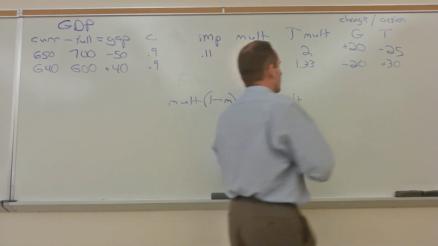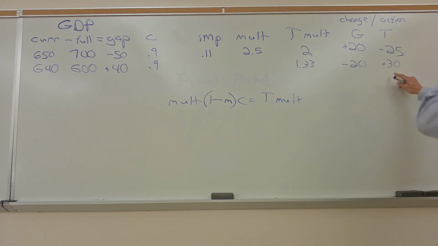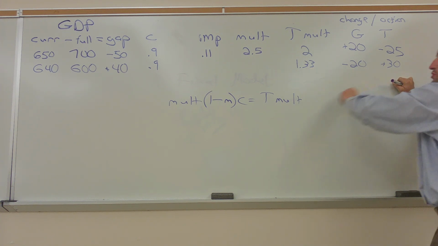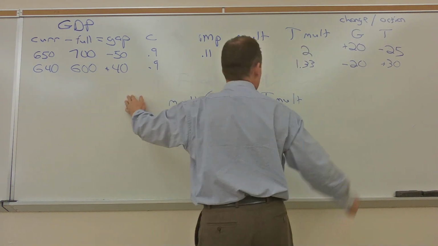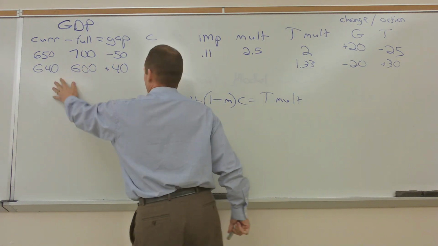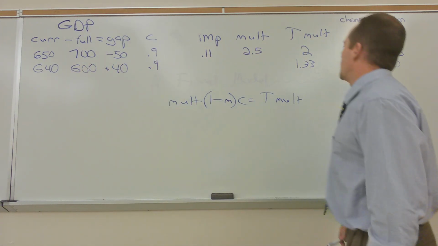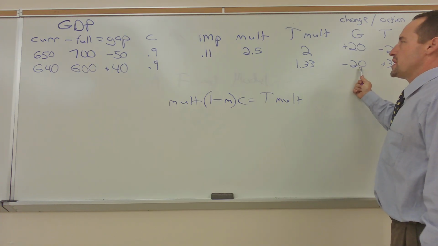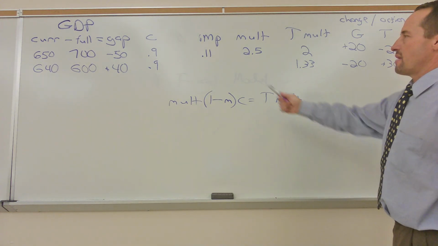So I repeat, if we have the tax change times the T multiplier, 1 1/3 times 30 will give us 40. And if we're raising taxes, that means we're 40 ahead of 600, we're at 640. Now, we have a G action, but we don't have anything else here.